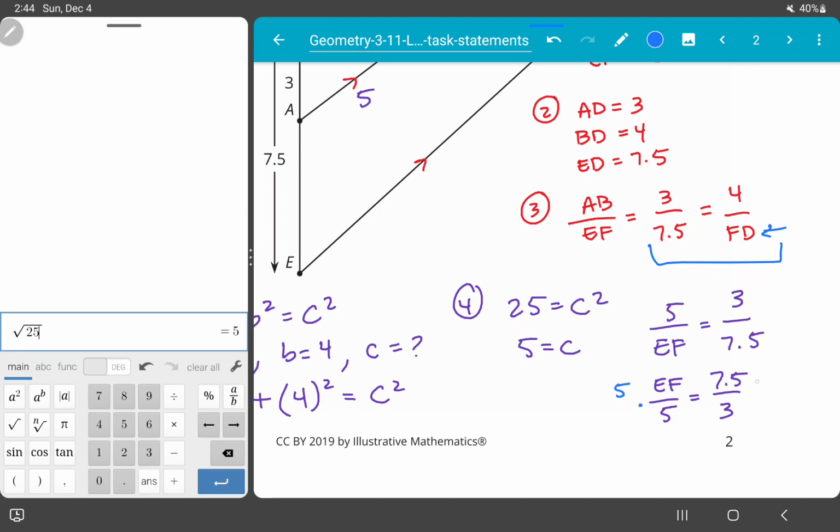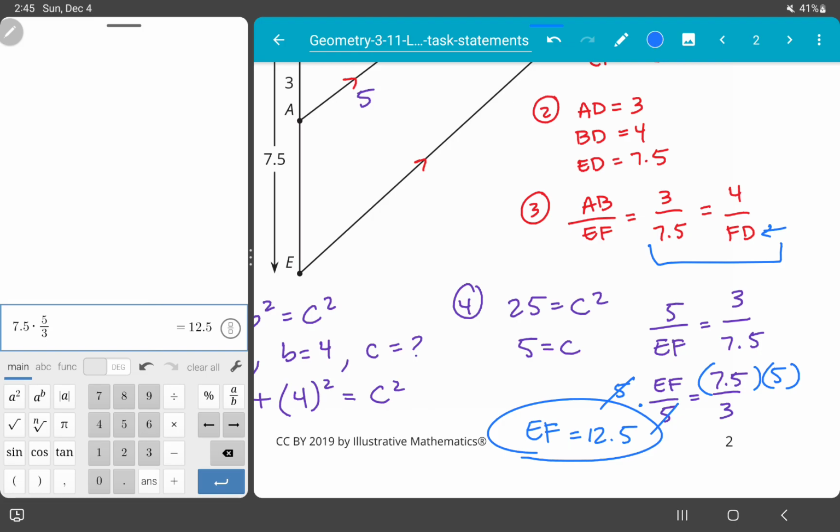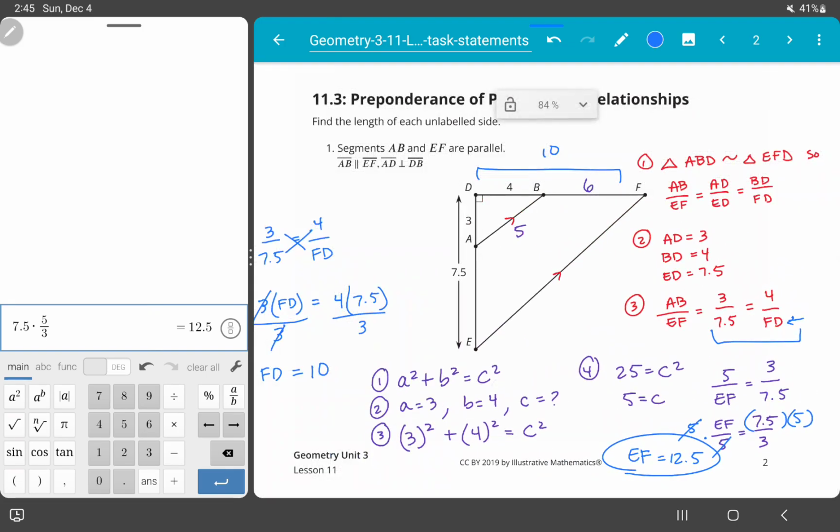So I need to multiply both sides by 5 to make the 5's cancel out. So now we're going to have EF equals whatever 7.5 times 5 divided by 3 is. So I can do that over here, 7.5 times 5 divided by 3, and that gets us 12.5. Okay, so here is the length of EF, 12.5.